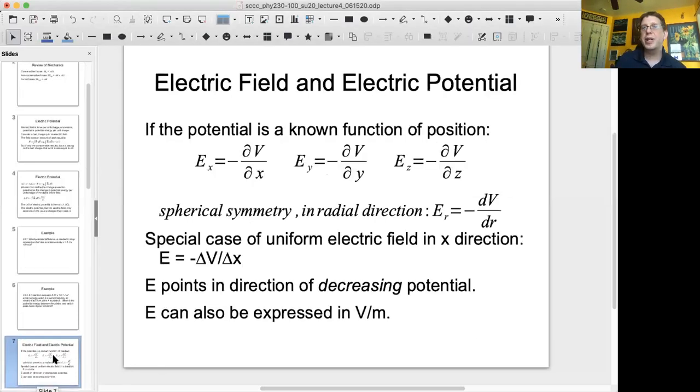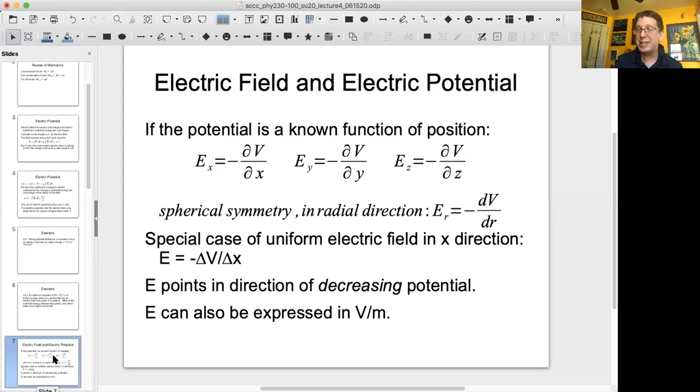So now we're going to talk about the relationship between electric field and electric potential further. So we found that you could calculate the electric potential if you knew the electric field as a function of position by integrating. You can work the other way as well: if you know the electric potential as a function of position, you can differentiate that and figure out the electric field.